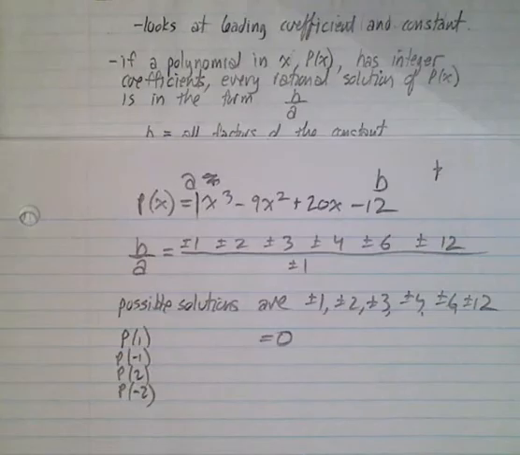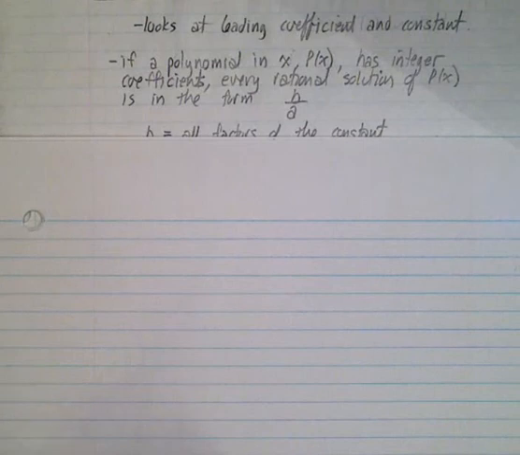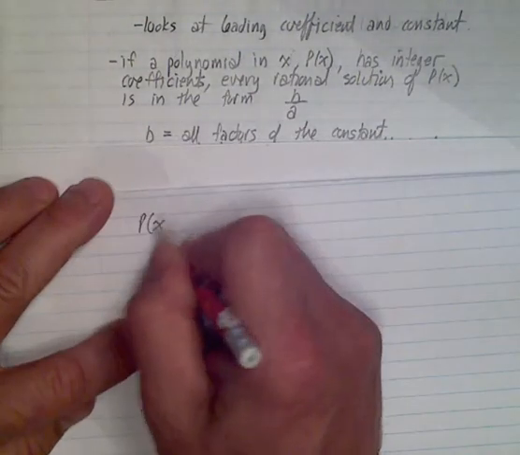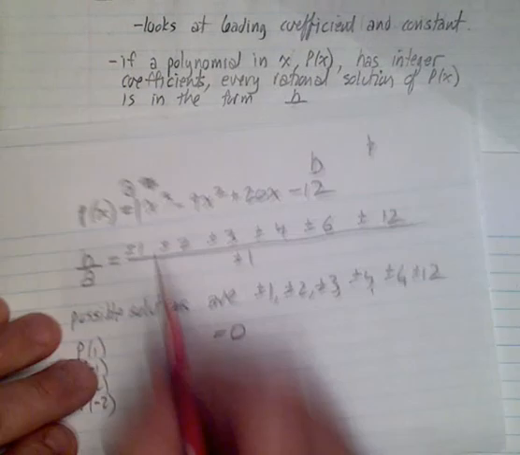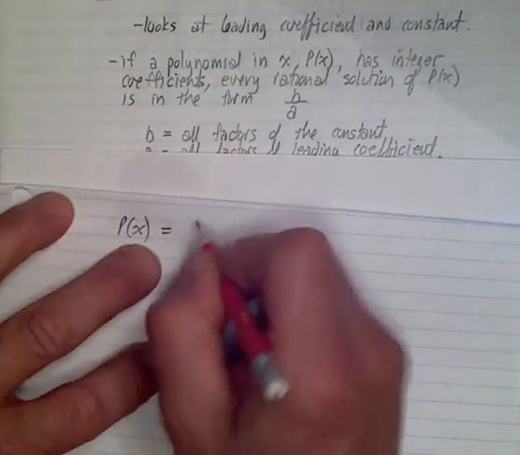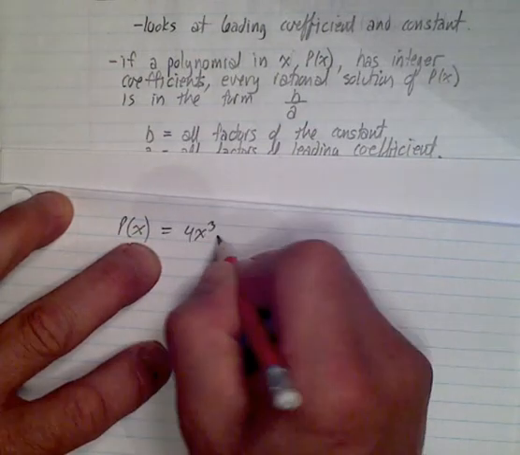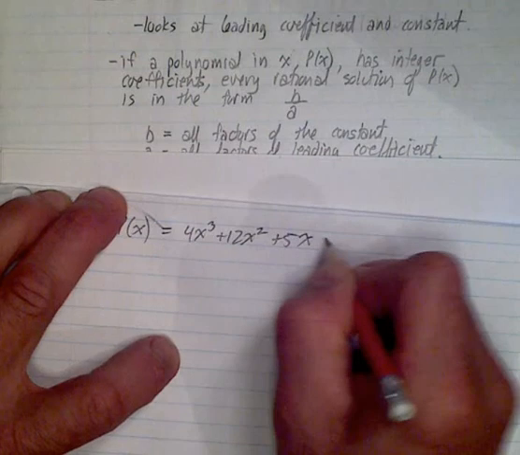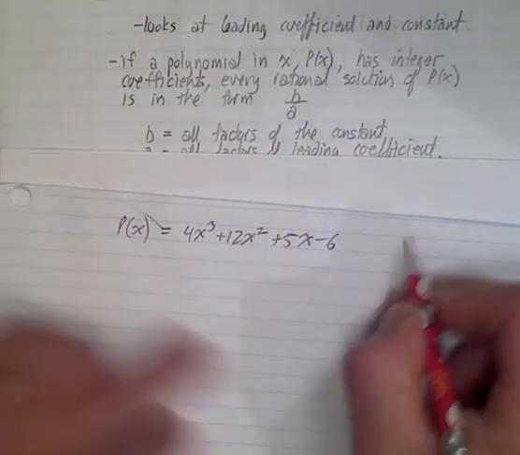It's been a long video so far, and I apologize for that, but this is a pretty funky concept. I just want to give you one more example here where we're not going to have a leading coefficient of 1. Okay? So p of x is equal to 4x cubed plus 12x squared plus 5x minus 6. Now, look at all your factors here.